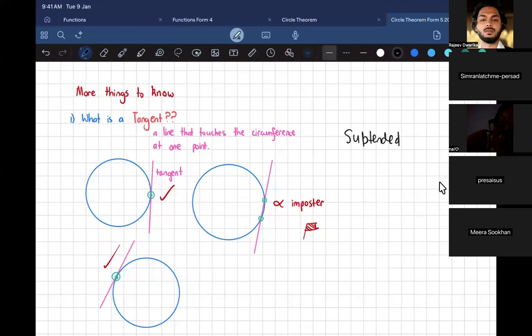Subtended. How many people get scared when they see that word? Subtended. Nobody gets scared? I never heard that word before. So I'm confused. First time.